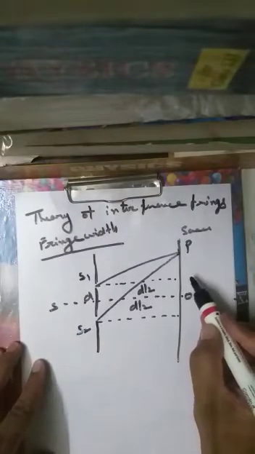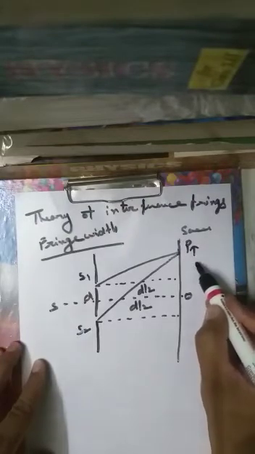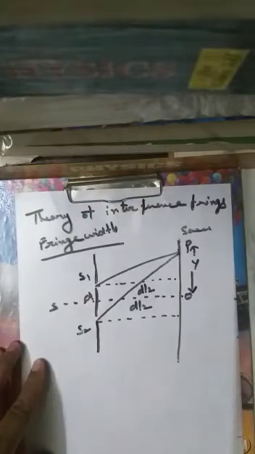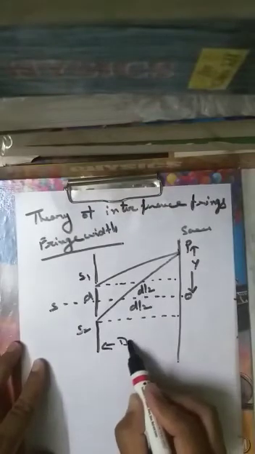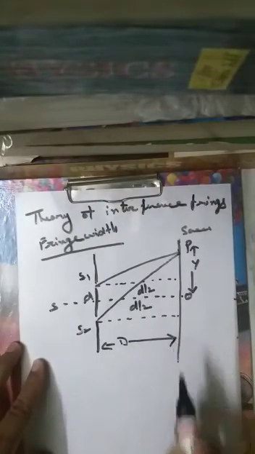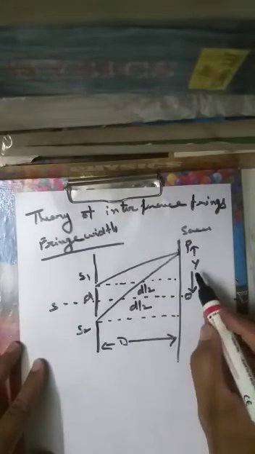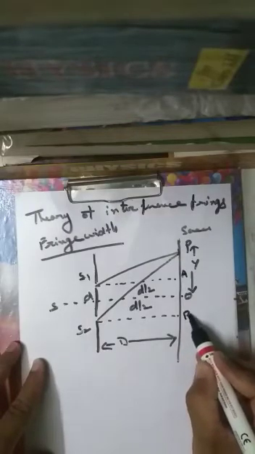Now we assume that the distance is y from central maxima O. This is the screen. The distance between the slit system and the screen is capital D. This point we take A and this point we take B.